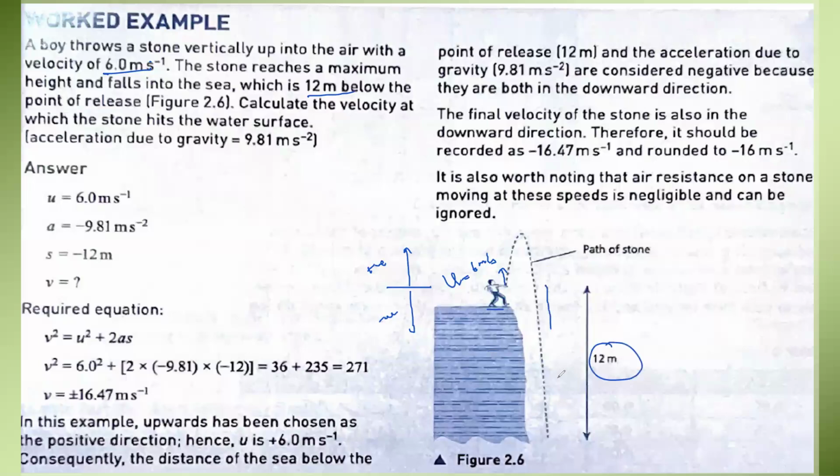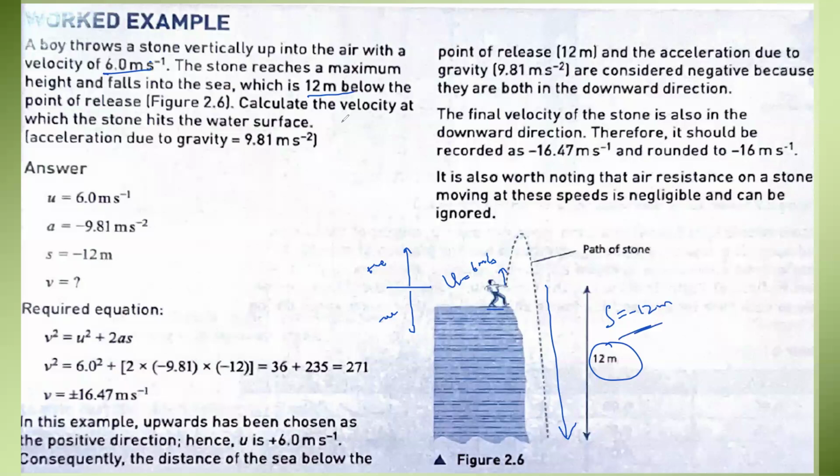So when I work out the displacement, I will draw a downward arrow for this displacement. So I will consider that as negative 12 meters. Even though it's 12 meters, because it's a displacement, it must be negative.